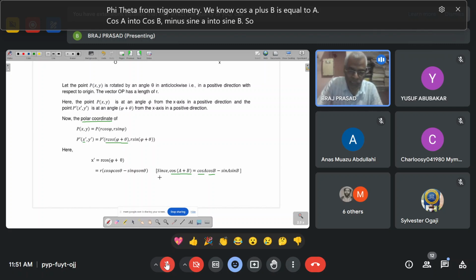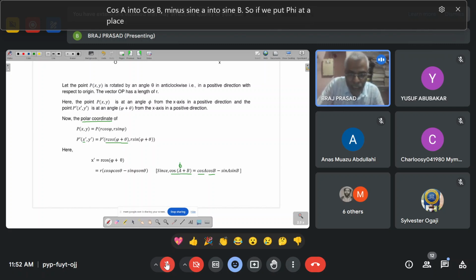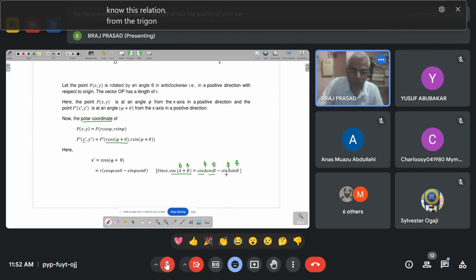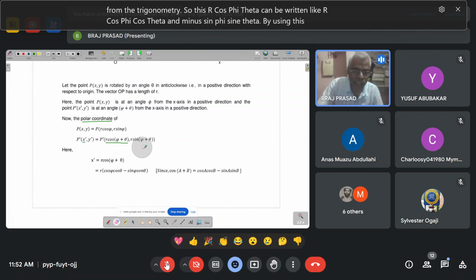If we put phi in place of a and theta in place of b, then this becomes cos phi cos theta minus sin phi sin theta. So r cos (phi plus theta) can be written as r (cos phi cos theta minus sin phi sin theta) by using this relation.